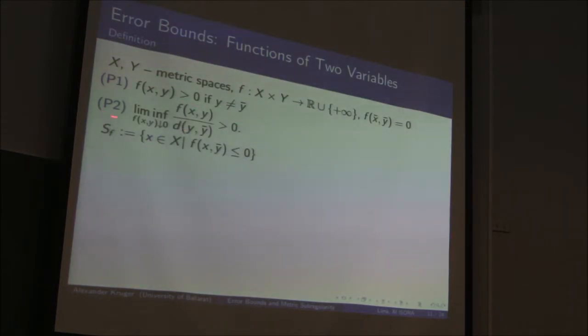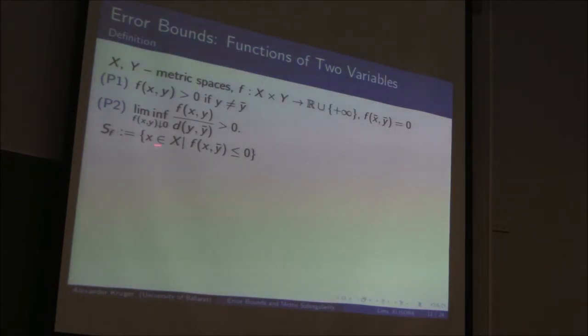And the second assumption is this lim inf is positive as f goes to 0, which means that when f goes to 0, y goes to y bar automatically, and it goes sufficiently fast compared to f of x bar. So just these two assumptions, nothing else.